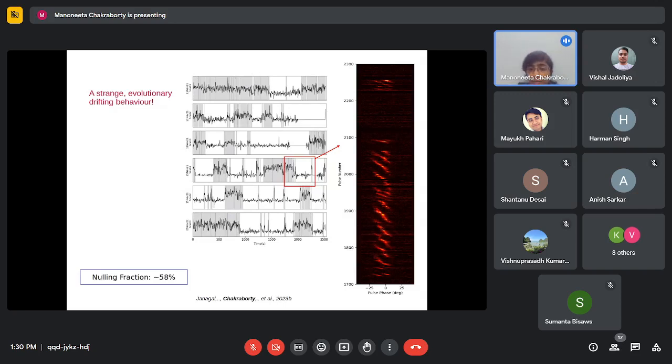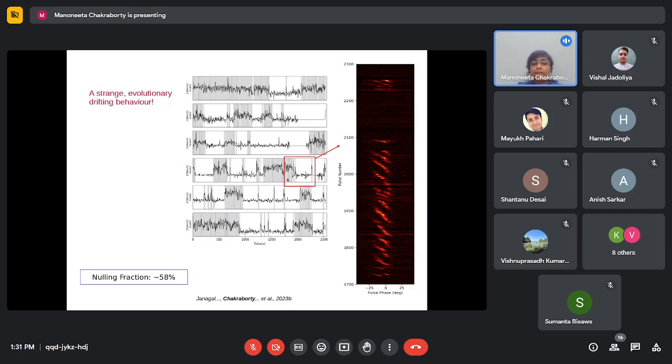But there were a significant number of regions, significant seconds, shown in white here, where the pulsar was not emitting at all. These are what we call nulls, or pulsar nulling. And for this pulsar, you can see that it's a very inconsistent pulsar. Suddenly it's emitting, then it's off, then it's on again. And in the second observation, it's on and off more frequently.